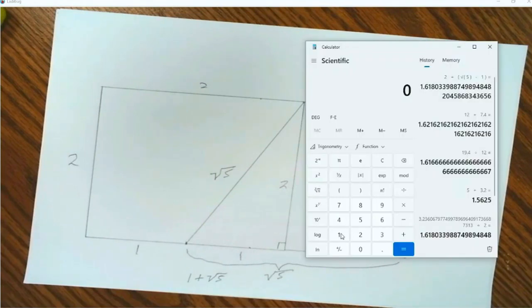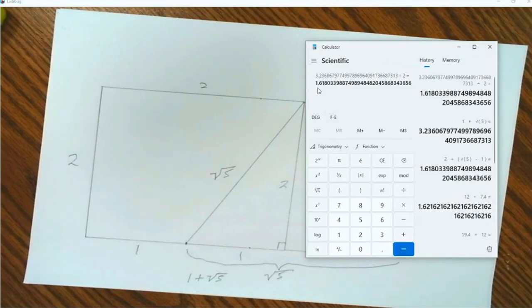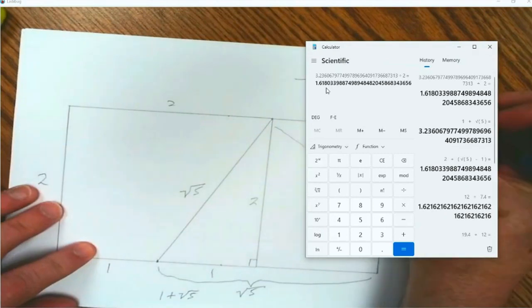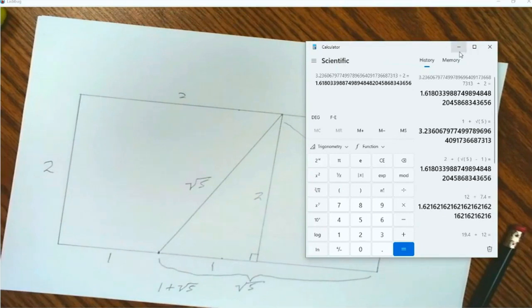So 1 plus the square root of 5, that's 3.23, and I divide that by 2. There's that 1.618. That's the ratio of the golden rectangle. This is a 1.618 ratio derived from the Fibonacci sequence.